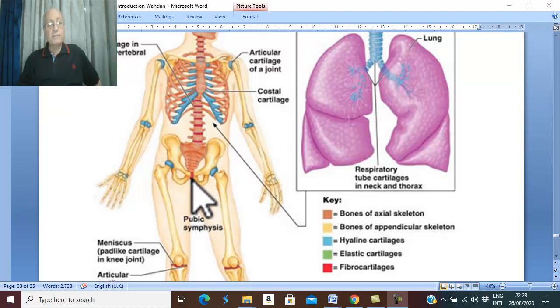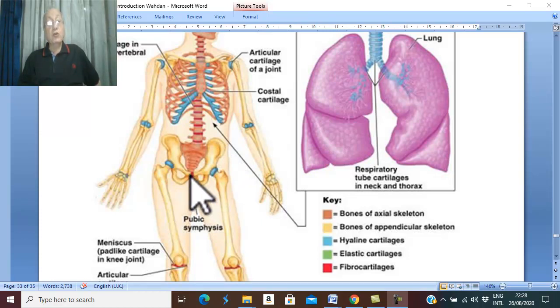And this is also red. What is this red? The two bones on the right and the left side are called hip bones, which form the main part of the bony pelvis.